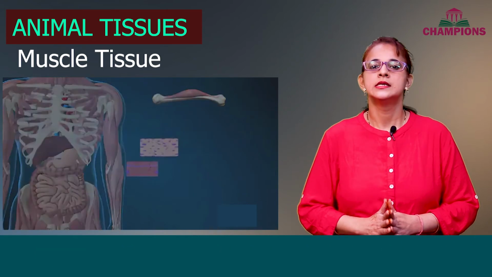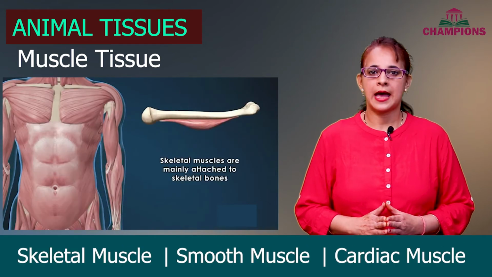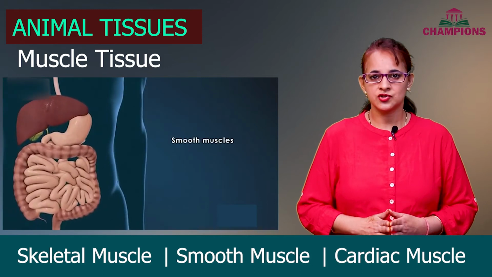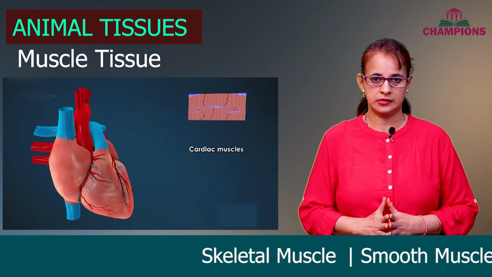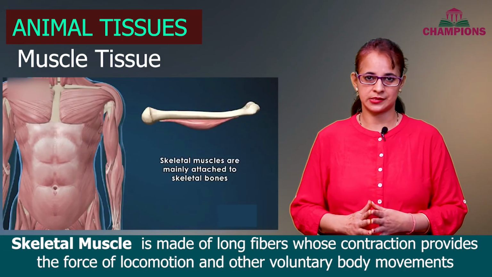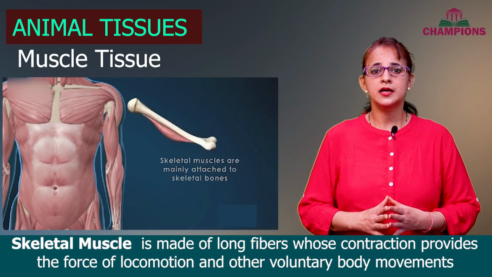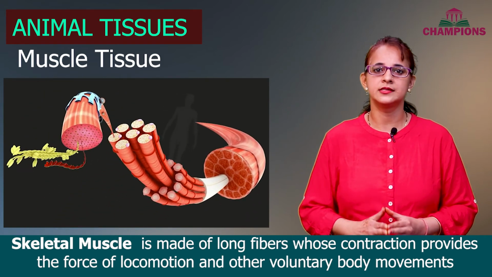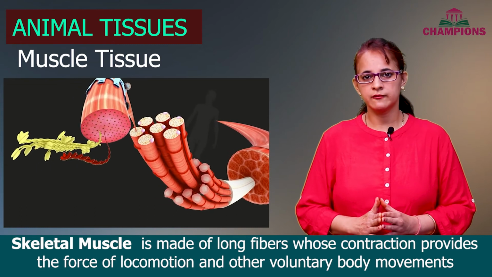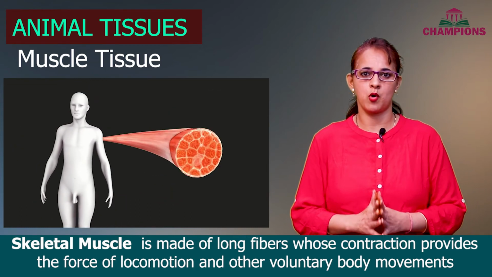The muscles are of 3 types in our body. What are those? Skeletal muscles, second are unstriated or smooth muscles, and third are cardiac muscles. First, skeletal muscles, as the name indicates, make up the skeleton of the body. And the skeleton is responsible for the movement of our body parts.